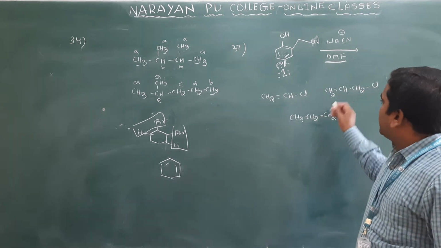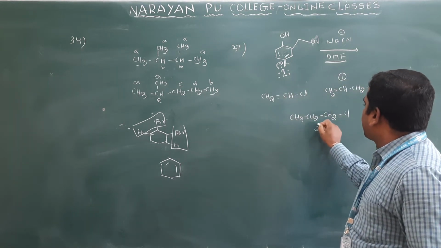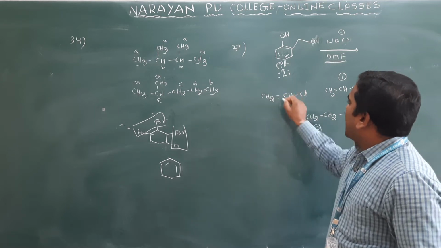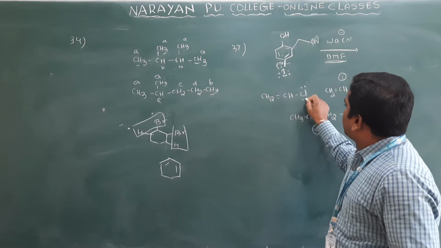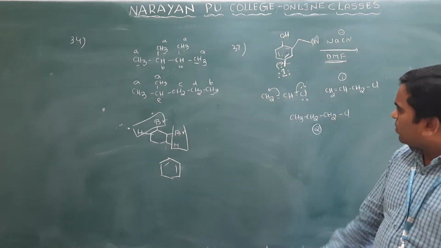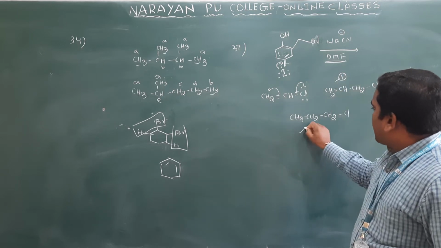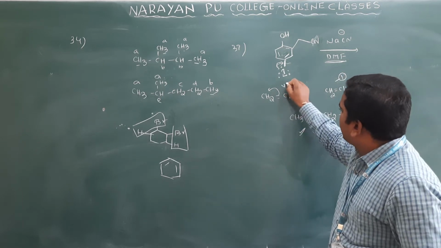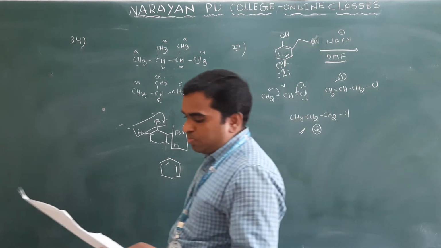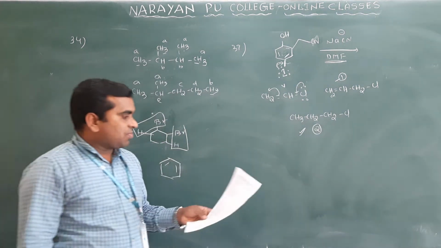So here allylic comes first, primary comes second, and vinylic is less reactive because it is involved in resonance conjugation. So allylic is first, primary is second, vinylic is last. So option 3 is the correct one. Clear? Next one, question 41.